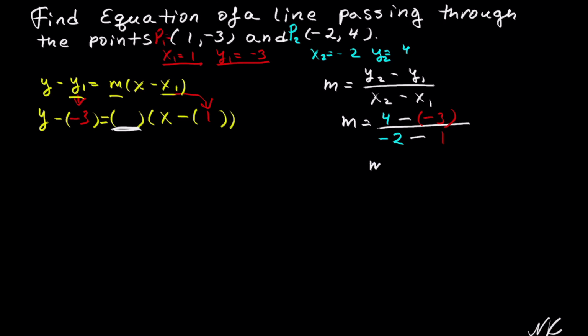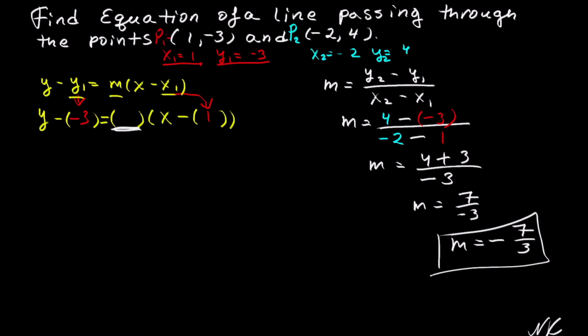So we get slope equal to 4, negative times negative gives a plus 3, over -2 minus 1. Same sign, so we calculate the sum, negative sum of 2 and 1, which is 3. And we get that slope is equal to 4 plus 3, which is 7, over -3. So slope is equal to positive 7 divided by -3, which gives us -7/3.